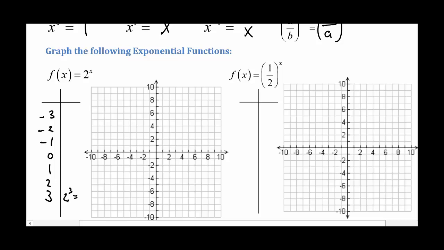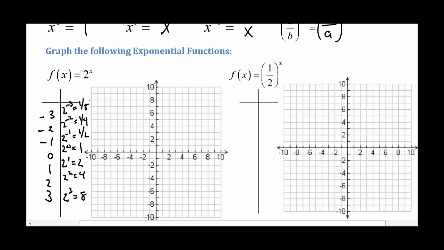That's 2 cubed, which is 8, 2 squared, which is 4, 2 to the first, which is 2, 2 to the 0, which is 1. 2 to the -1, remember your exponent rules, that's 1/2. 2 to the -2 is 1/4. And 2 to the -3 is 1/8.